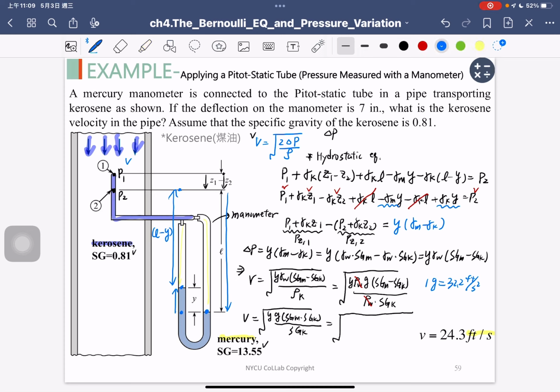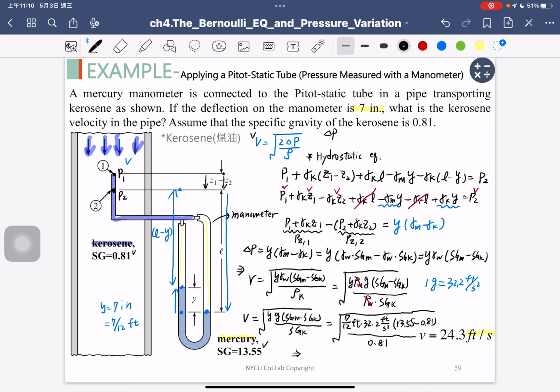The deflection height y here is 7 inches, and we convert 7 inches divided by 12 to be feet. So y is 7 divided by 12 ft, multiplied by 32.2 ft per second squared, and SGm is 13.55 minus SGk for kerosene, 0.81, and finally divided by 0.81.